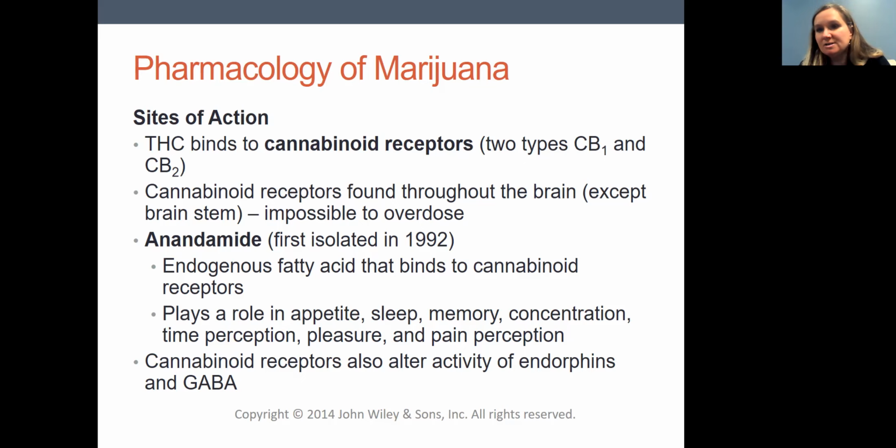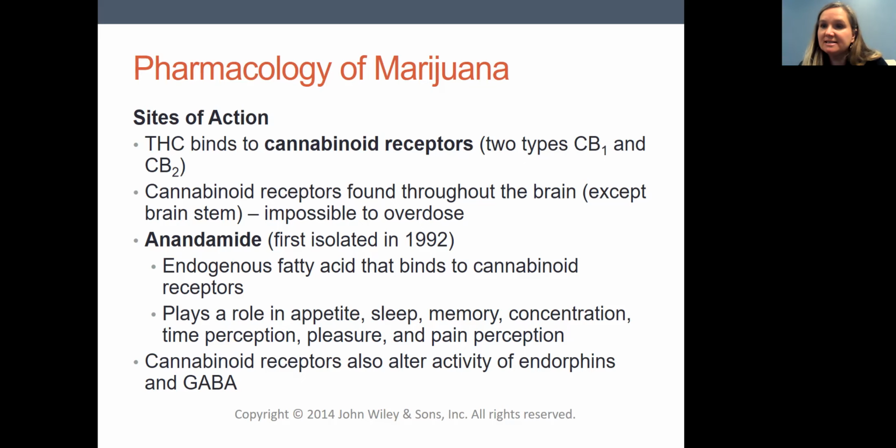We know that it plays a role in appetite, obviously, because we know the effects of the drug cause people to want to eat. It affects sleep, memory, concentration, time perception, pleasure, and pain perception. So the amount of work in the next 10 years on anandamide and cannabinoid receptors is just going to be incredible. And I'm kind of excited to see what we learn.